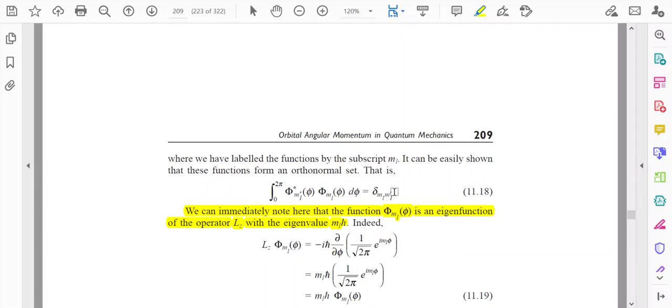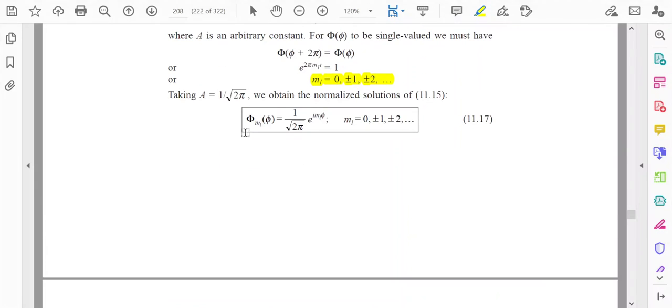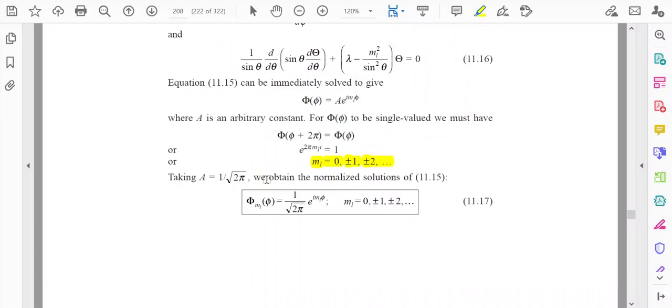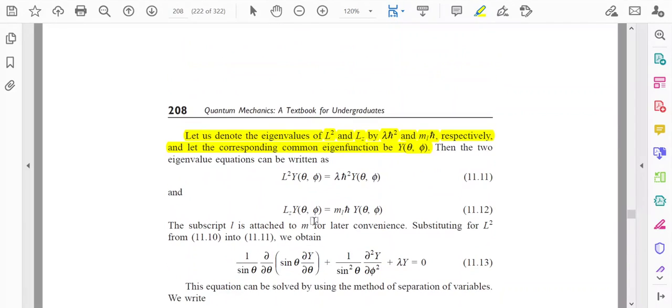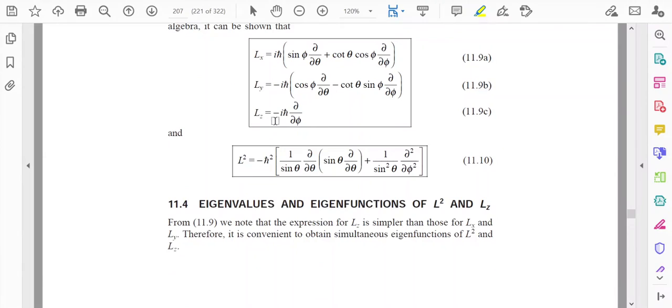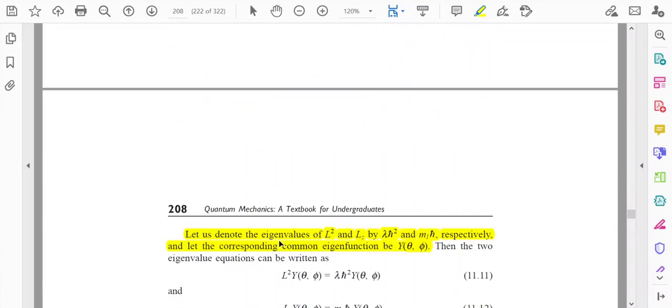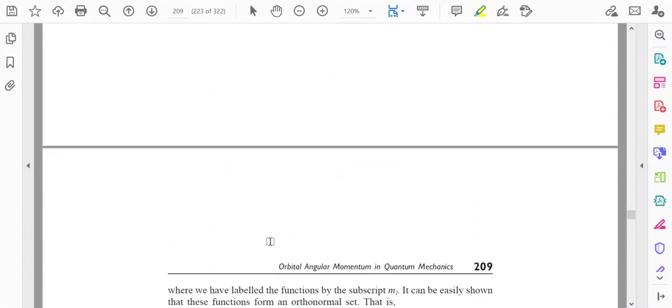This is known as the orthogonality relation of phi, and we have already told that phi is one part of the common eigen function, because Y is the multiplication of theta and phi. But you see the structure of Lz is equal to minus i h cut del by del phi, that is Lz only depends on phi, and we can check that really capital phi is the eigen function for Lz.